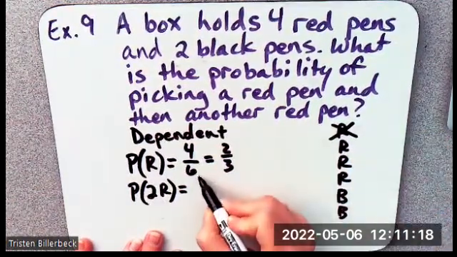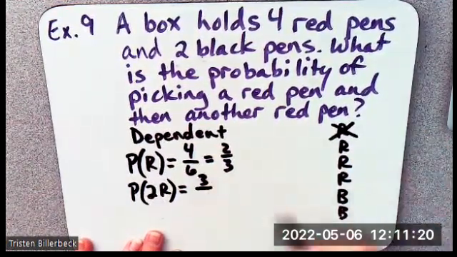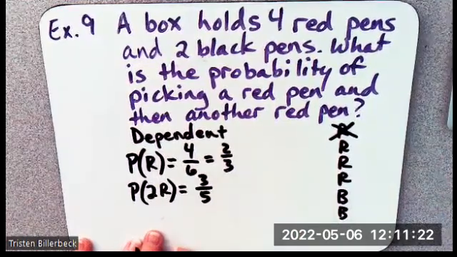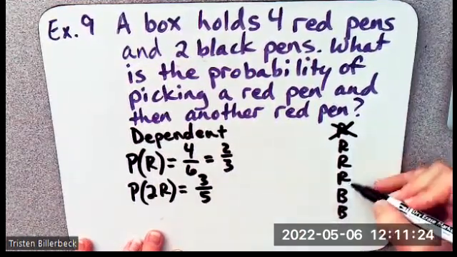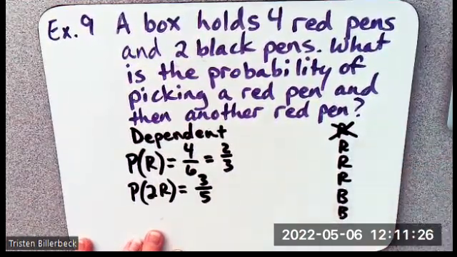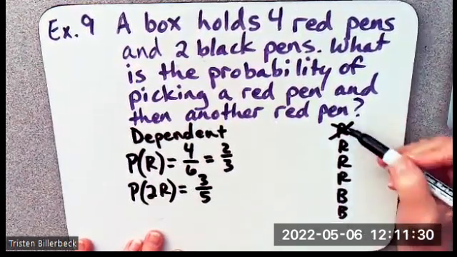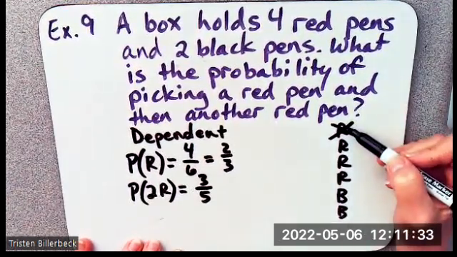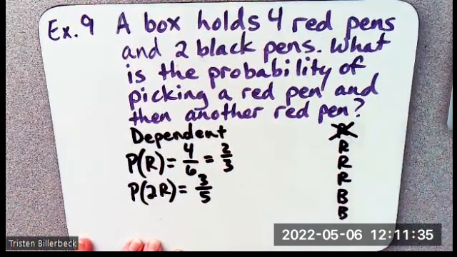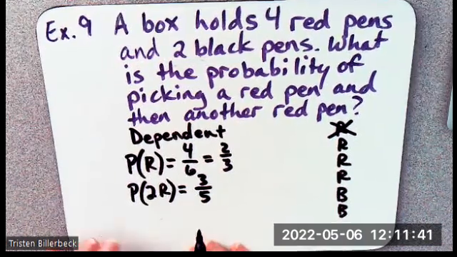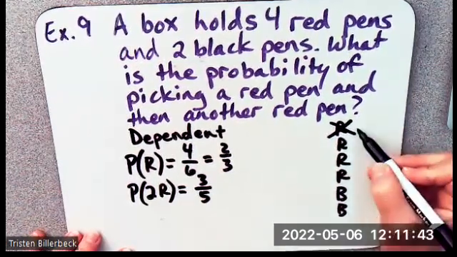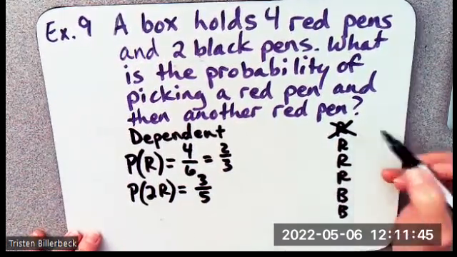So now we have 3 out of 5 possibilities because there's only 3 reds left and there's 5 pins. So that's why this is dependent on what the first choice was, because now we have 1 less. If we had replaced the pin, then it would have been independent. But when we do not replace the pin, it becomes dependent.